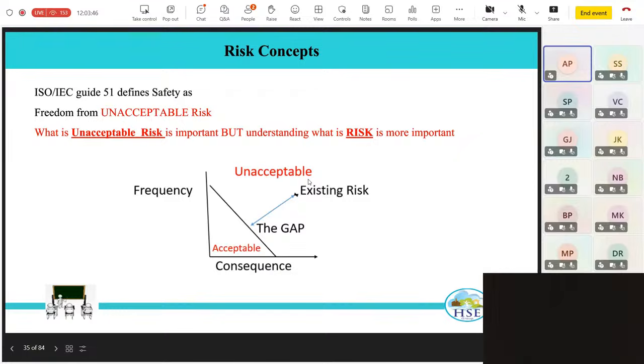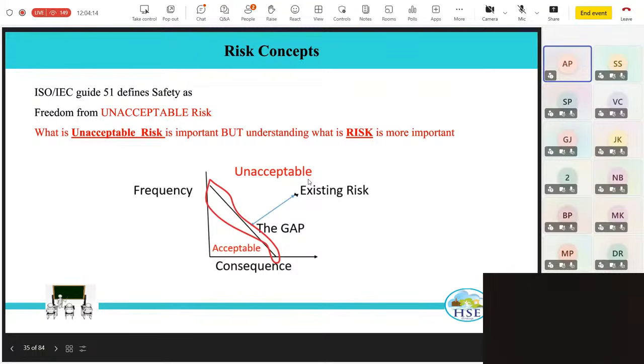This is the line drawn by each corporate. It has a method. It is not drawn arbitrarily. The organization considers many factors before drawing this line. If the risk is below this line, it is acceptable, and beyond this line, it is not acceptable.